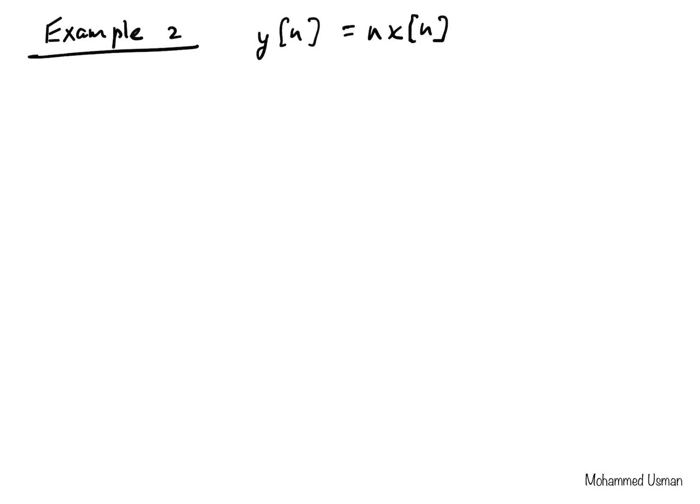So in this case, to check whether the system is time variant or time invariant, we'll choose x of n to be a delta function, a very simple function, the unit impulse function.